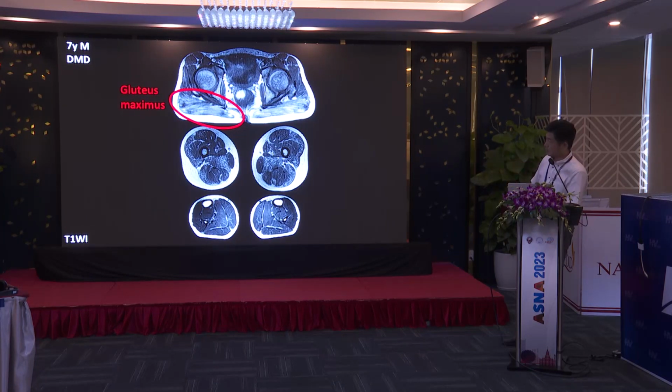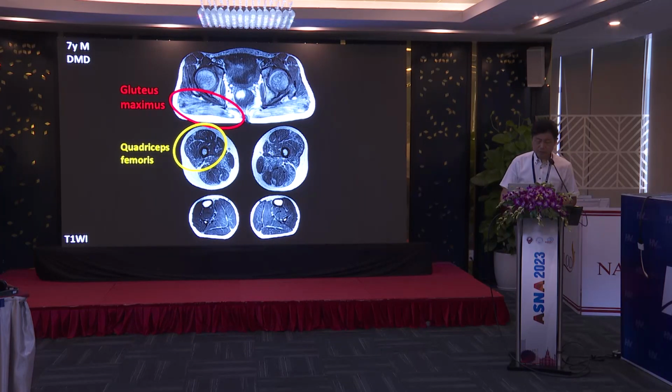In the T1 weighted image, fat is white in color, as you can see by the white color of the subcutaneous fat. So the gluteus maximus muscle is really infiltrated by fat. In contrast, the quadriceps muscle, of course, is a little bit affected, but much better preserved. So this is very much compatible with his maneuver or his action, right?